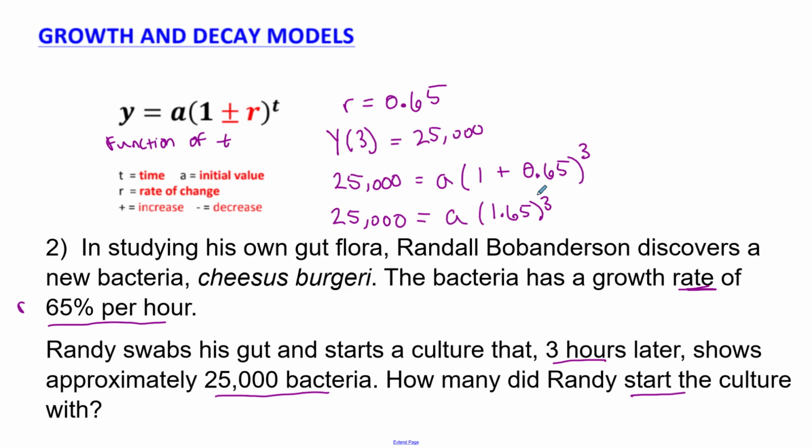So we need to divide that away. So if I divide by 1.65 cubed on both sides, I'll have my starting value, my initial value, A. All right, let's pop this in Desmos, see what we get.